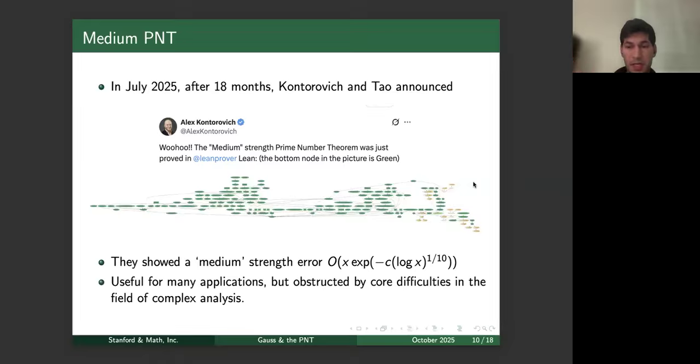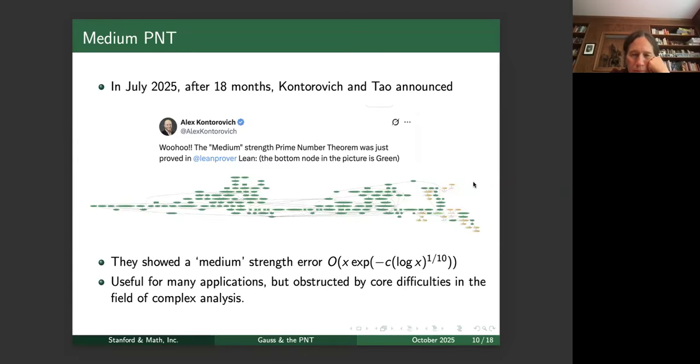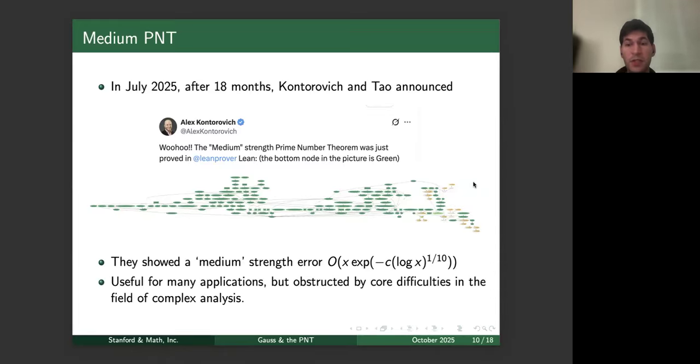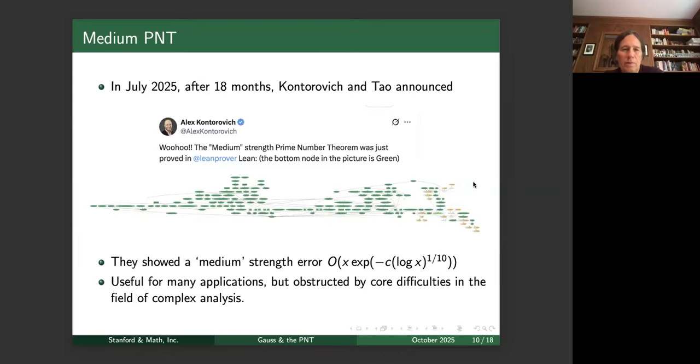These are so-called blueprints, and from that data there is maybe a Python script that can construct this graph. This became standard practice in the formalization community as an easy way to visualize the progress and status of a project. Okay, thanks.